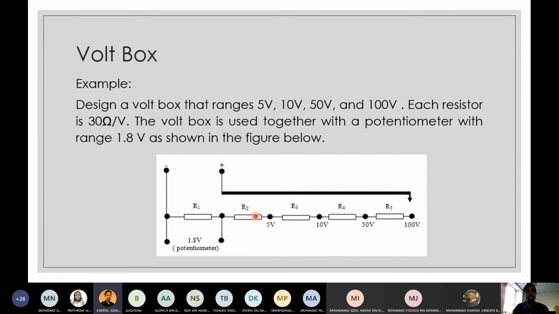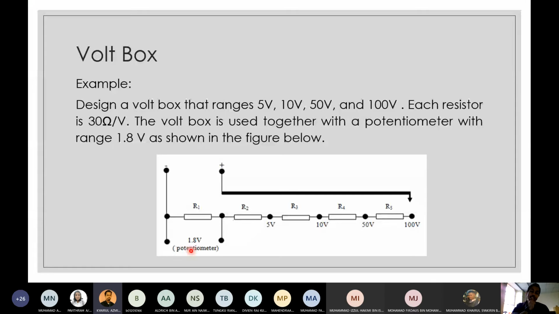So usually we can adjust by using different lengths of wire, or we can use variable resistor. Okay, so now the material of the resistance used here, the characteristic is given as 30 ohm per volt. So we want to be able to measure 5 volt, 10 volt, 50 volt and 100 volt. And as the starting point, it has a potentiometer, and the potentiometer itself can measure 1.8 volts.